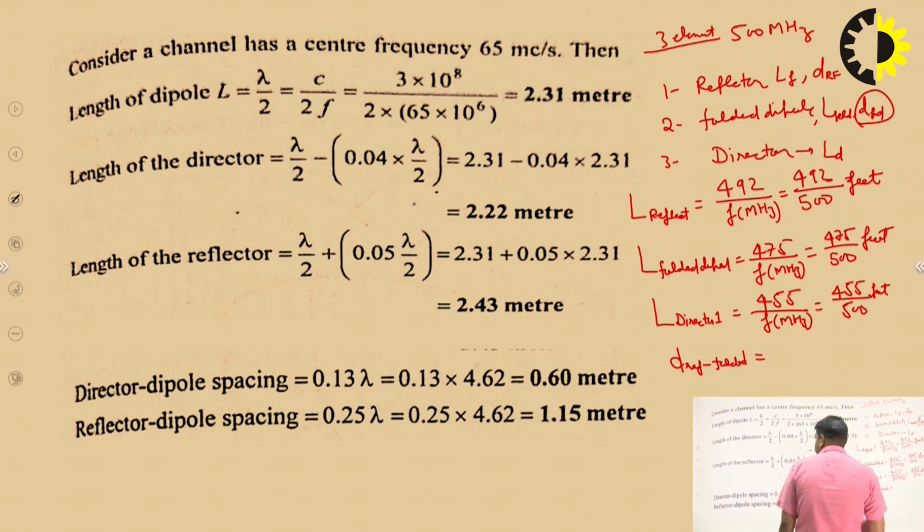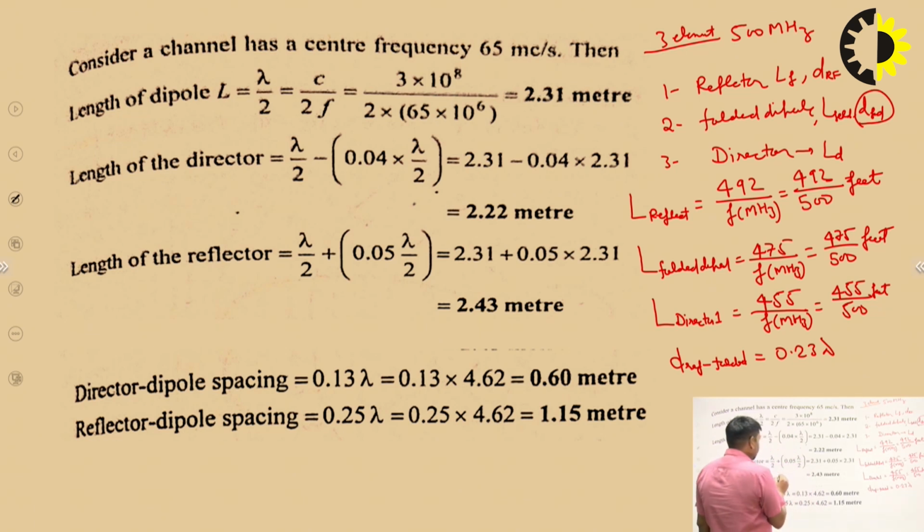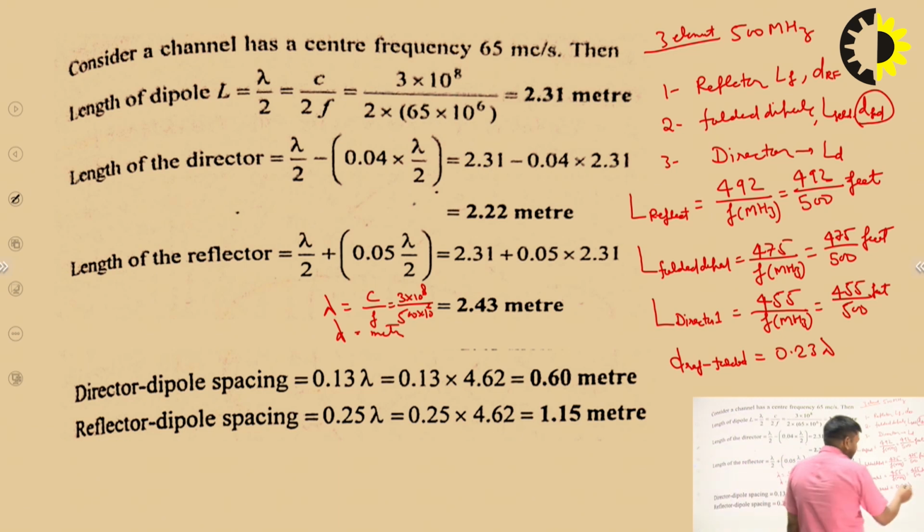Which is given by 0.25 lambda. We easily calculate lambda: lambda is equal to C by f, where C is equal to 3 into 10 to the power 8, and f is 500 megahertz. So we calculate lambda in meter and put the value of lambda here.